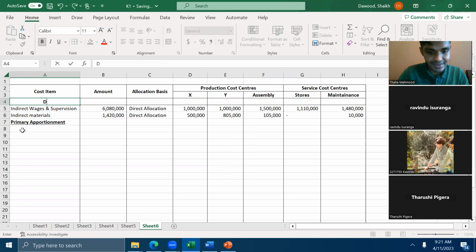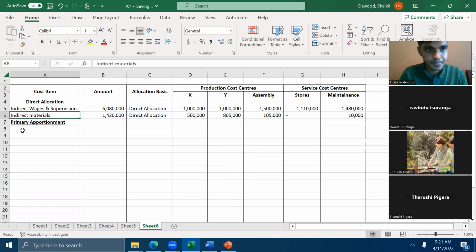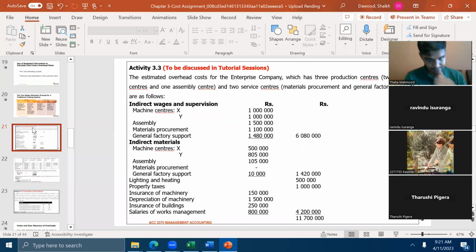Ignore that line in here. Now we are going to move on to primary apportionment.